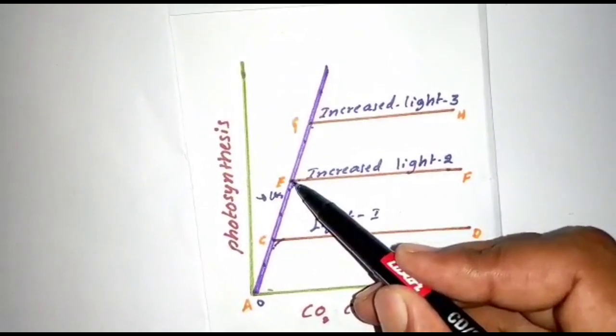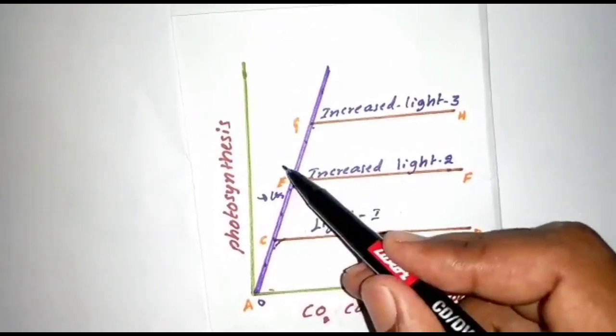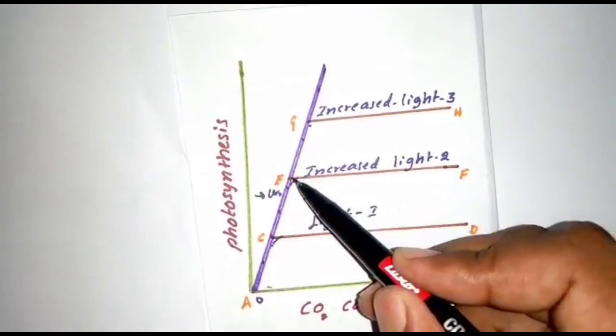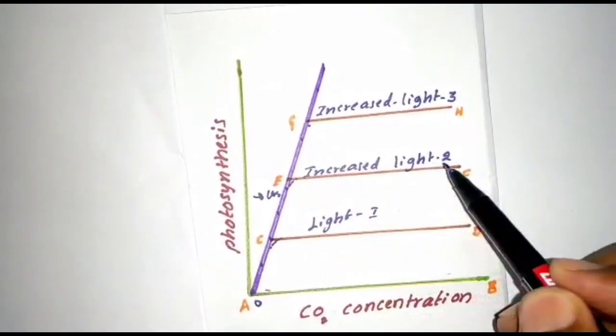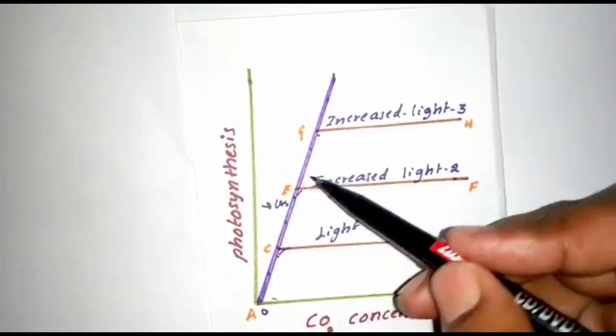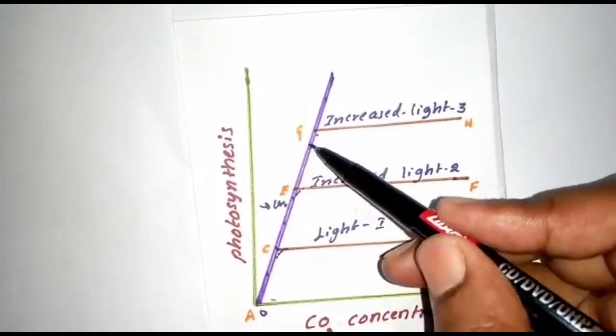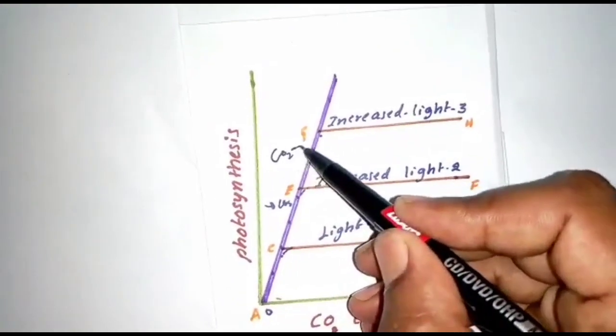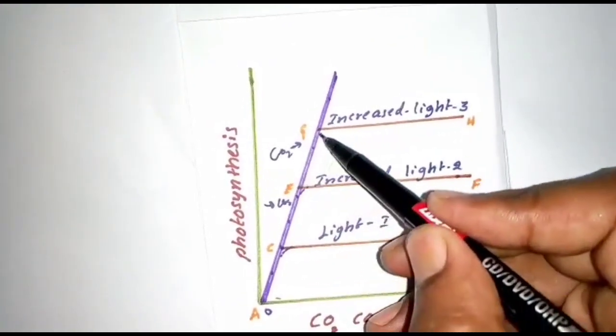Up to a certain level the light intensity is increased, but if the carbon dioxide is not increased, the light intensity does not work effectively, and the rate of photosynthesis will be constant. The third one is that the light intensity is increased and the availability of carbon dioxide is also increased, and then the rate of photosynthesis also increases.